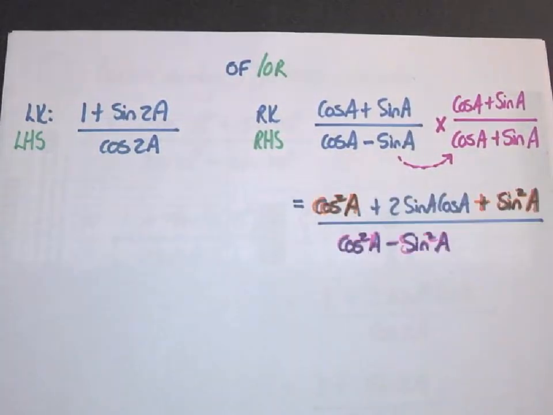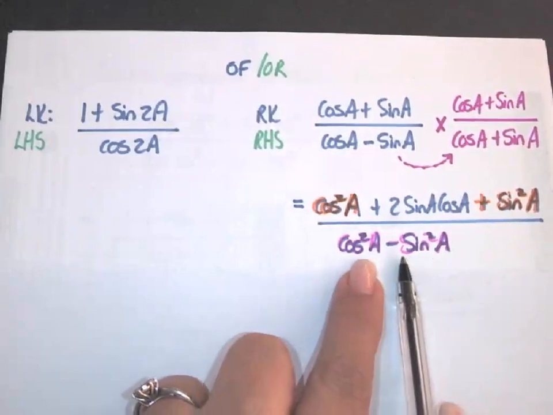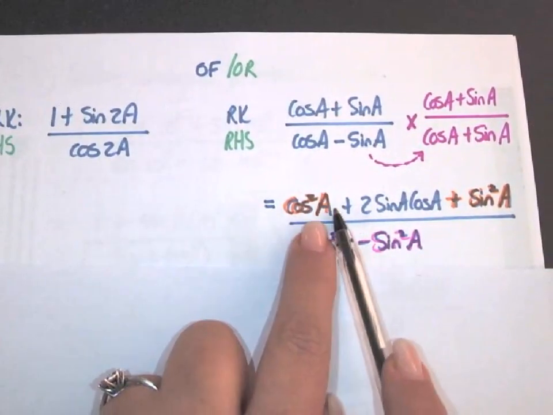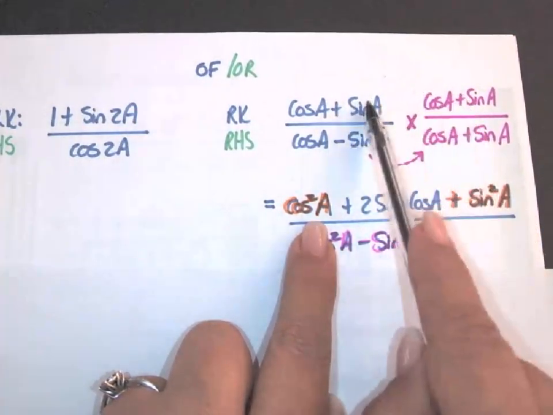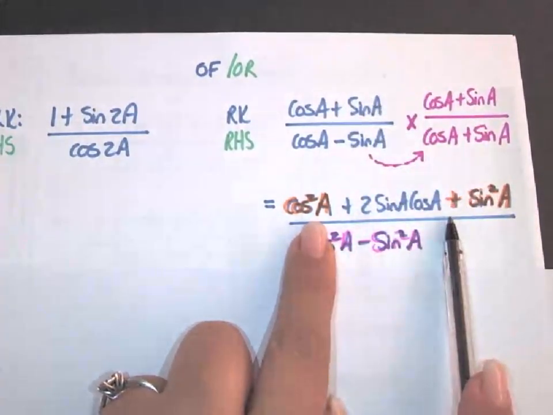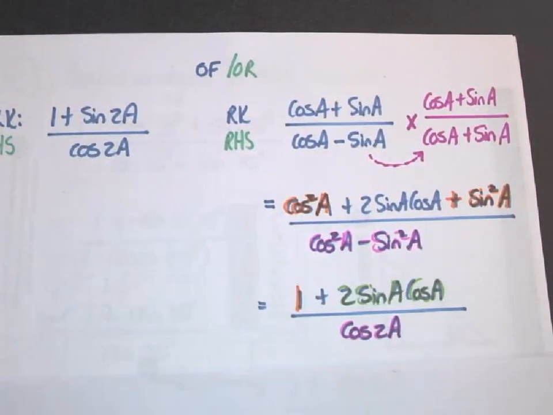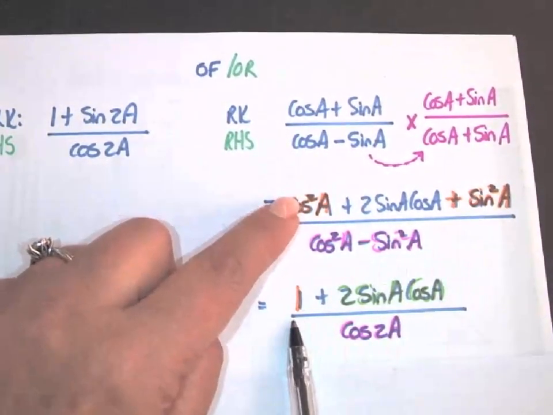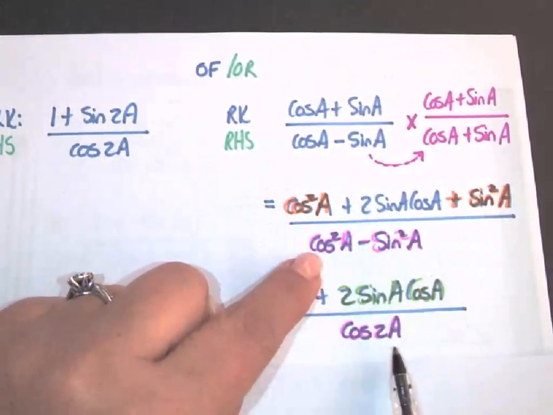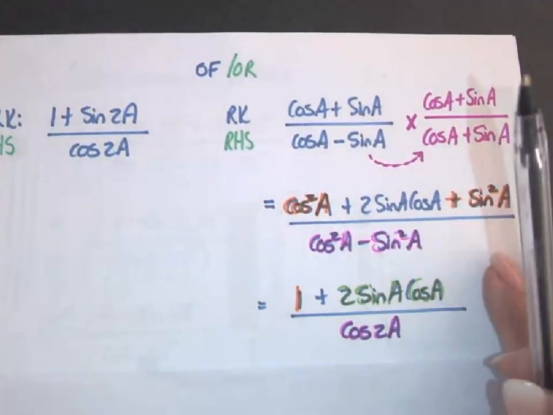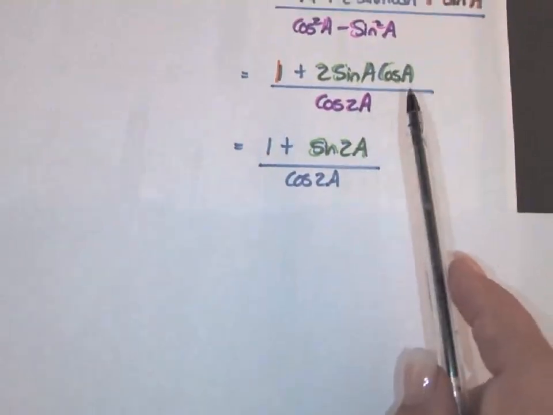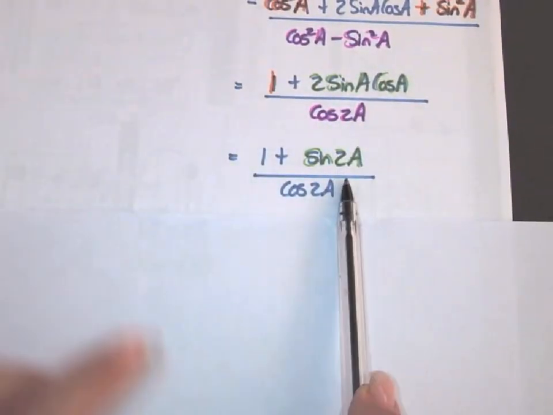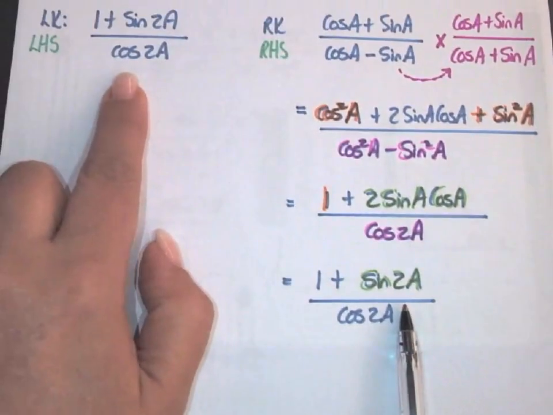Mm-hmm. So now I have the difference of squares at the bottom and the trinomial, if you multiply those two brackets, on top. These two form 1 and those two form a double cos. These form a double sine. And now you have what you should have on the left-hand side.